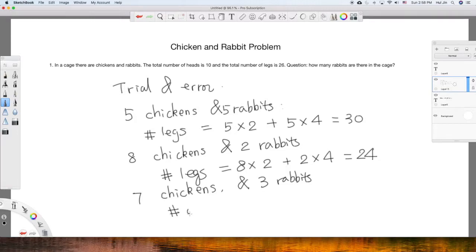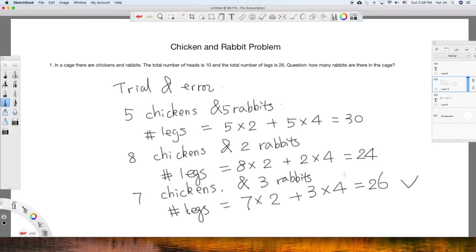Well, the number of legs equals 7 times 2 plus 3 times 4, that equals 26. So hooray, we got the answer. Okay, and this is the method of trial and error.